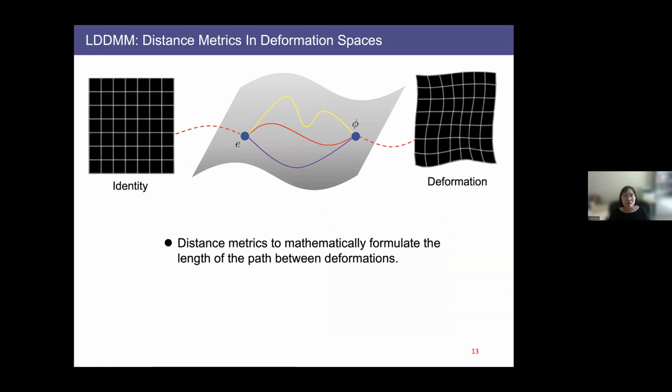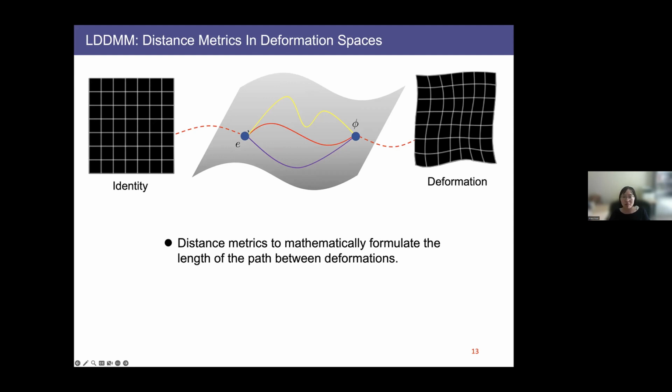This comes back to the very elegant mathematical work for image registration called LDDMM. The algorithm invented a distance metric between two objects. If I have two objects, one is the identity, which means I don't have any shape changes, and another is a deformation field, which means I do have shape changes.